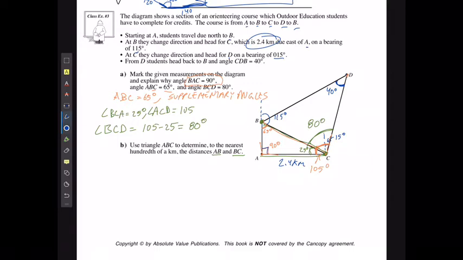I could use angle C and say that tan of C is going to equal the opposite, that AB I'm trying to solve, divided by the adjacent 2.4, and I know that the angle of C is 25 degrees in this case.